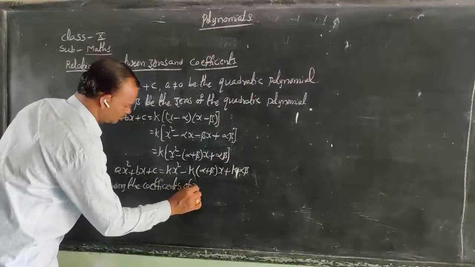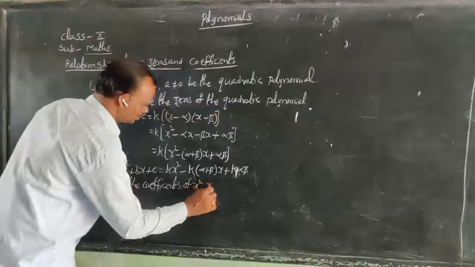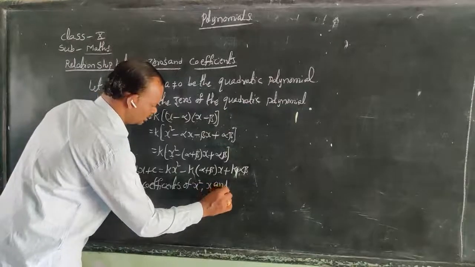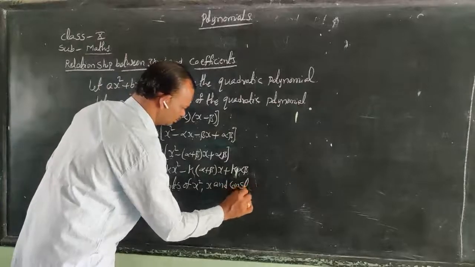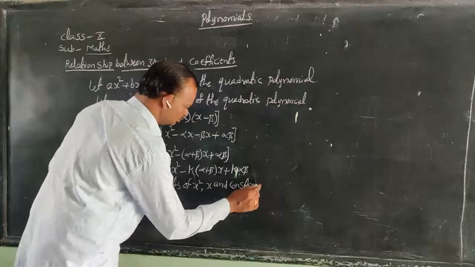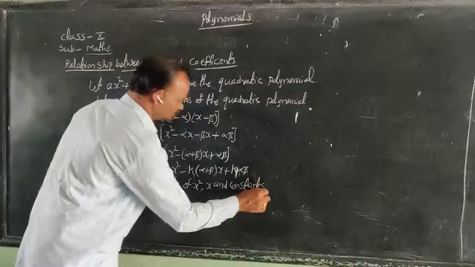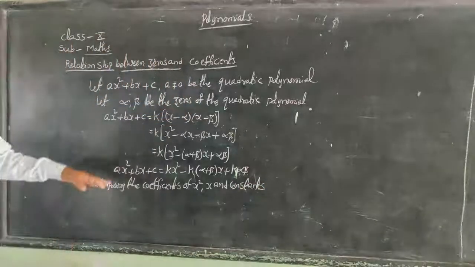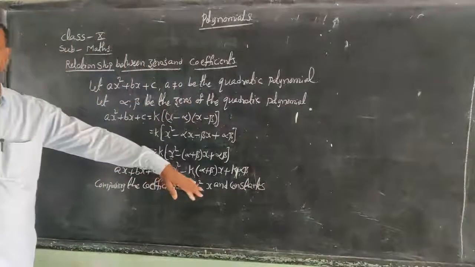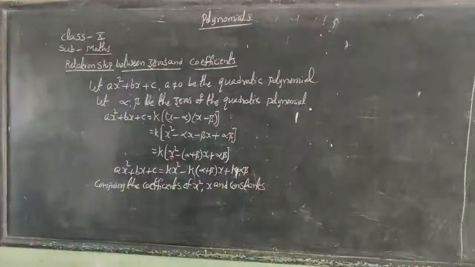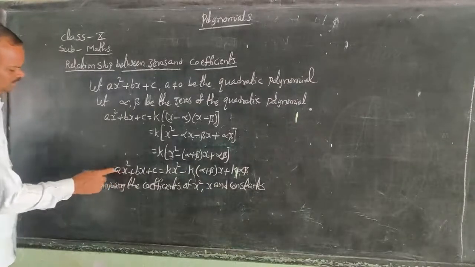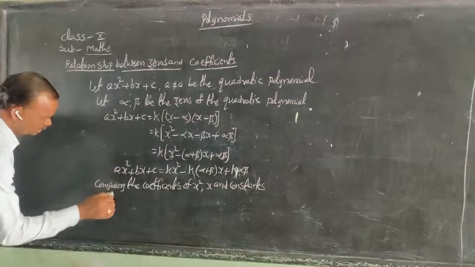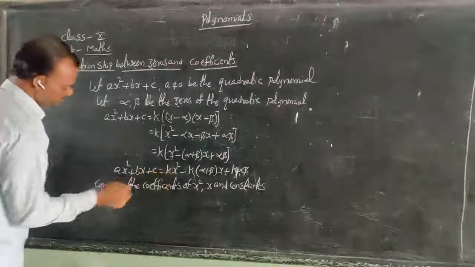coefficients of x square, x and constant. First, the x square coefficient. Here the x square coefficient is a, and the x square coefficient is k.